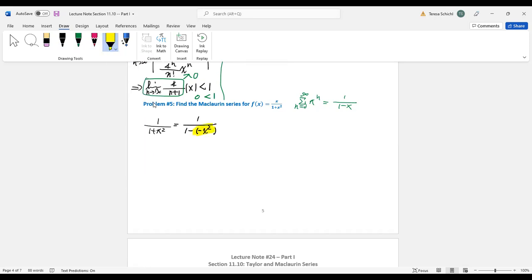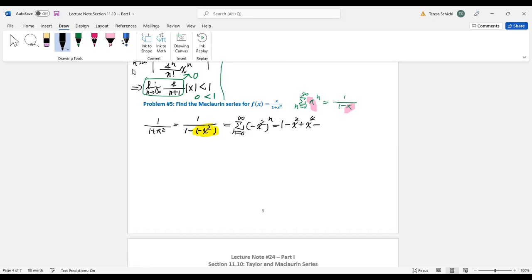This is your new x here, so your new x is replaced with this purple x. So this becomes the summation n from 0 to infinity of negative x squared to the nth power. When n is equal to 0, you have 1. When n is equal to 1, you have negative x squared. When n is equal to 2, you have a positive x to the 4th, right? So you have an alternating series.